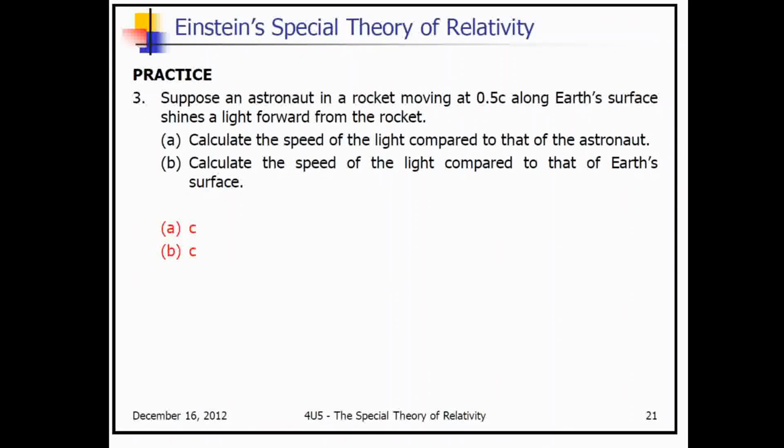So here's some simple thought questions. Let's say there's an astronaut in a rocket, and he's moving at half the speed of light along the Earth's surface. And he shines a light forward from the rocket. So this guy's moving at 0.5 of c, and there's a light shining from the rocket.